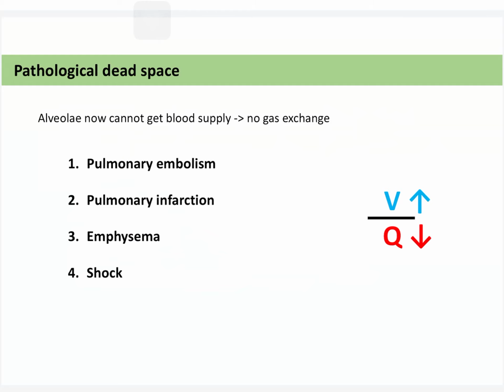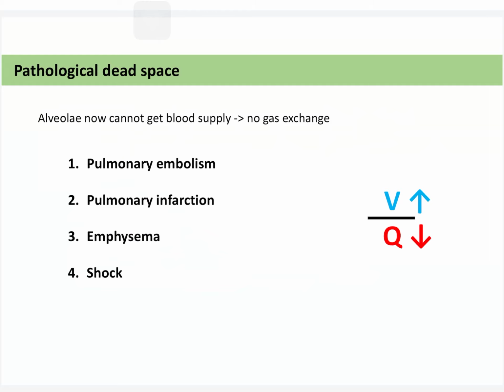This means part of the pulmonary artery is blocked. The third one is emphysema. The fourth one is shock. So here we are talking about emphysema. We know that emphysema is destruction of the alveolar wall. We know that the alveolar wall contains what? Capillaries. For what? For gas exchange.